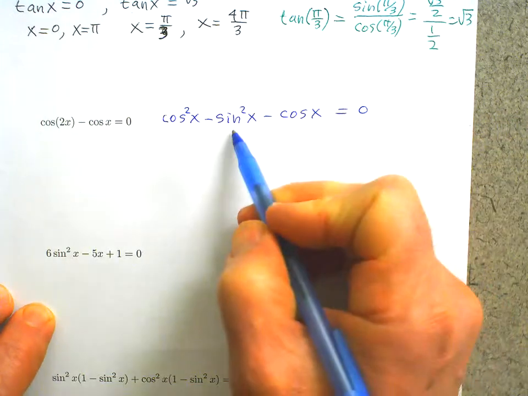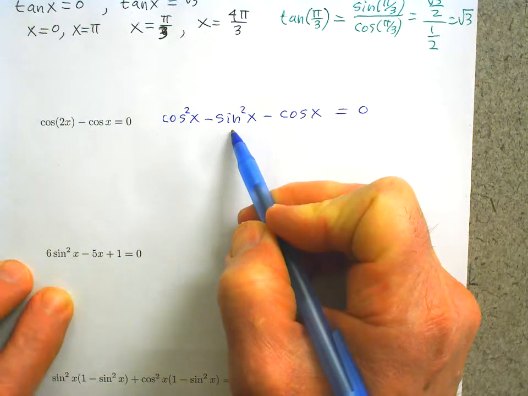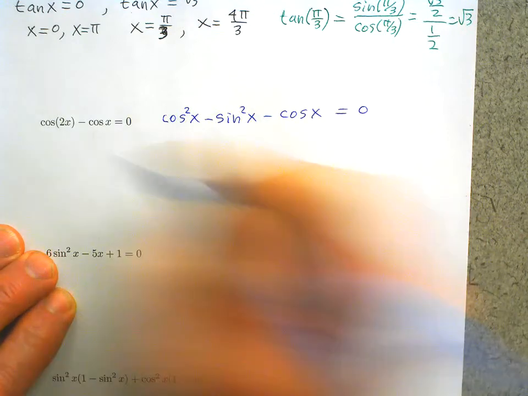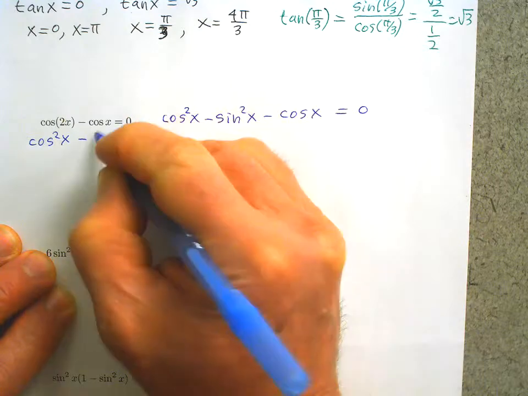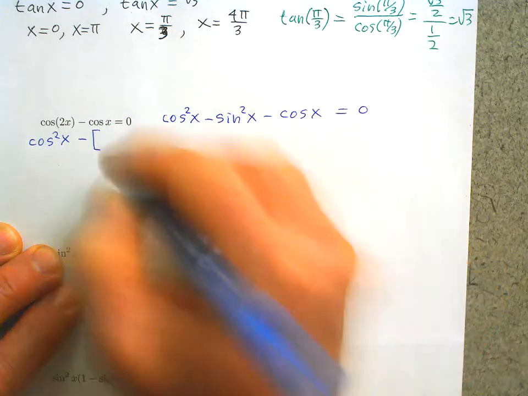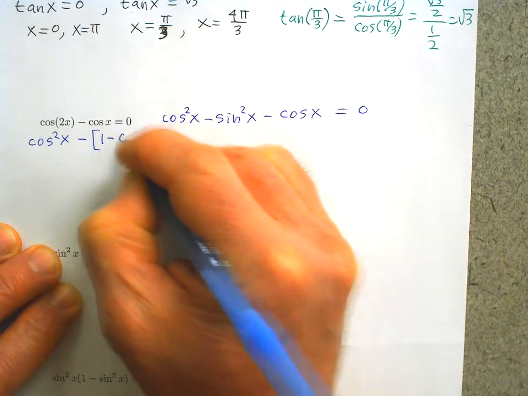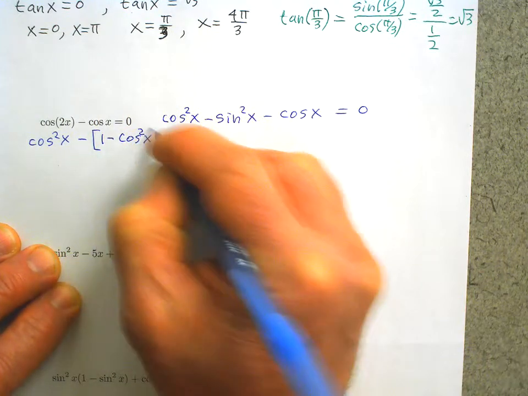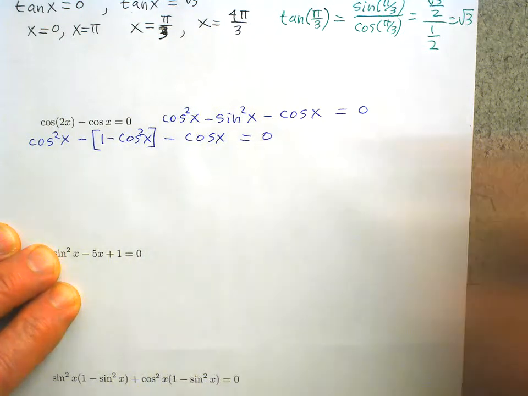So this time I'm going to replace sine of x squared with 1 minus cosine of x squared. So we get cosine of x squared and then minus, I'm going to put the quantity in brackets. So we're going to subtract the quantity 1 minus cosine of x squared, and then minus cosine of x equals 0.